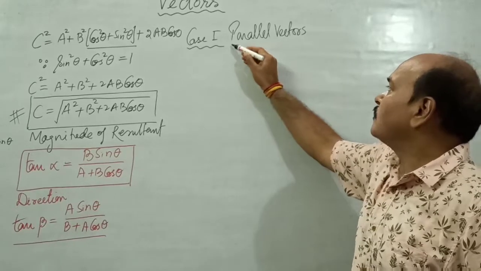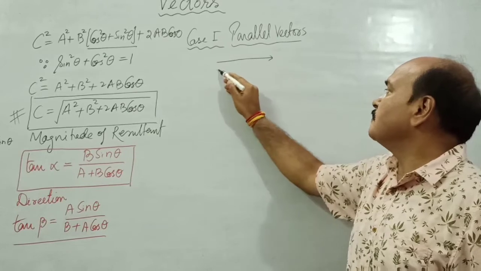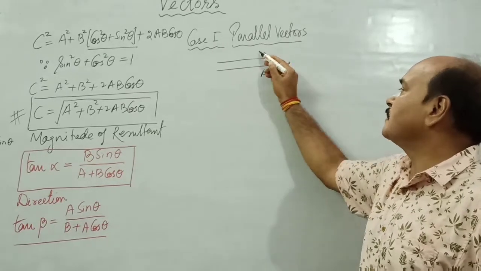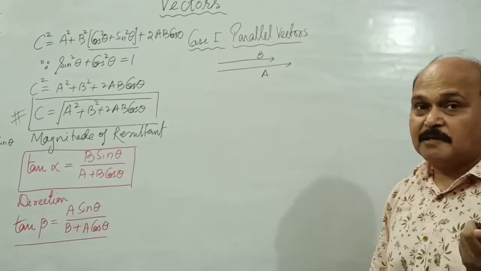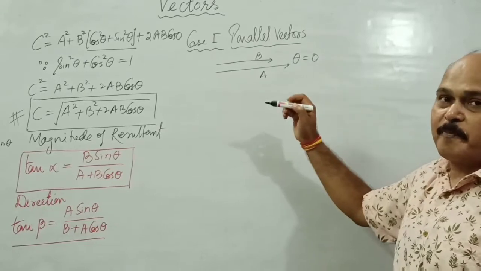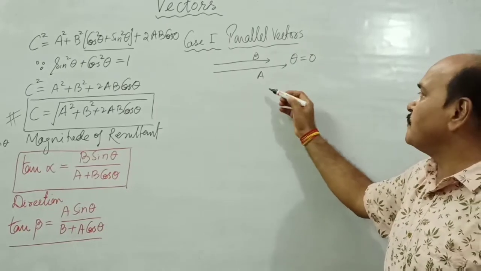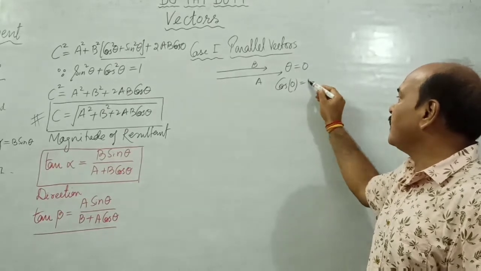What are parallel vectors? Parallel vectors are those vectors which are in the same direction. If two vectors A and B are parallel, they are in the same direction. The angle between these vectors is 0. And what is cos of 0? Cos of 0 is going to be 1.